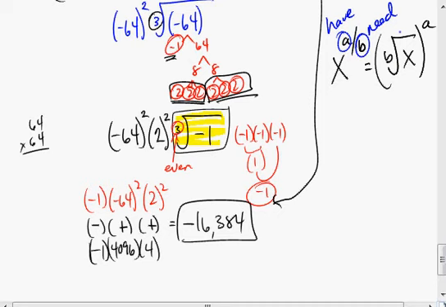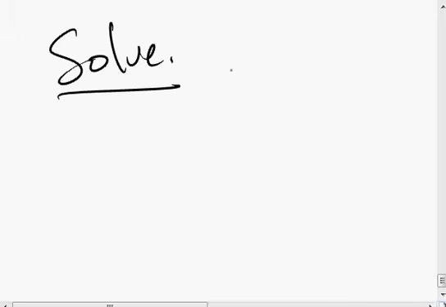Okay, almost finished. The last thing I'm going to show you is how to solve equations that involve rational exponents. So, you may see a question like this: 2x to the 3/2 power equals 48.